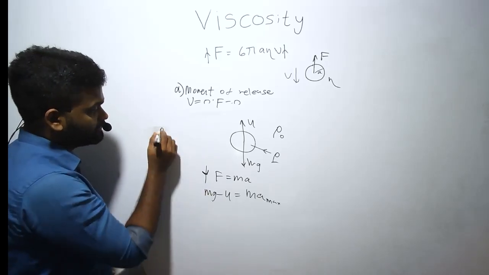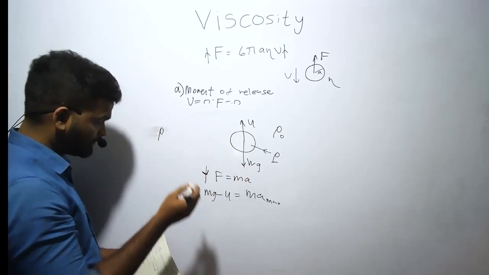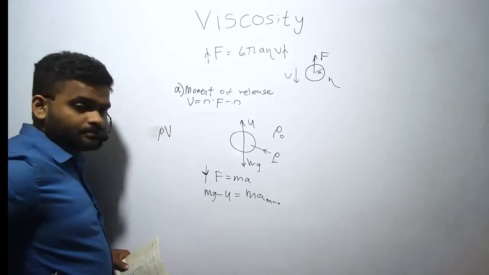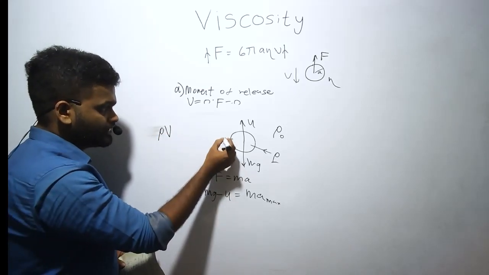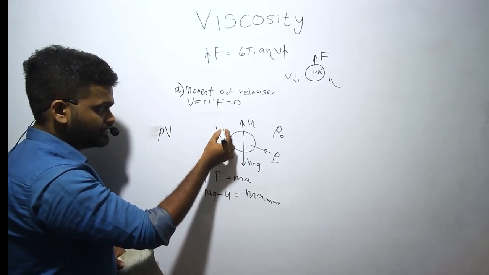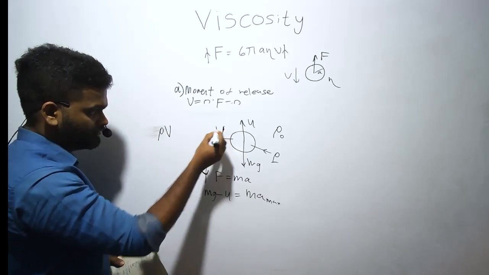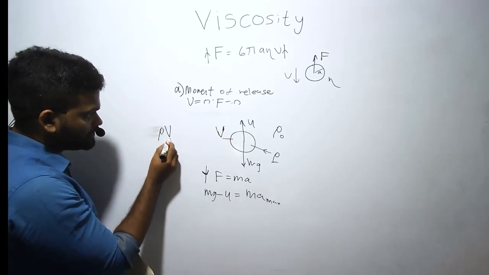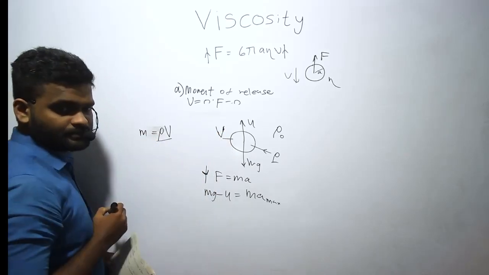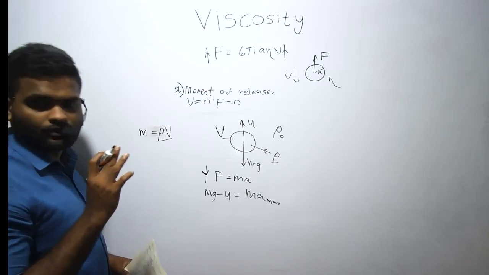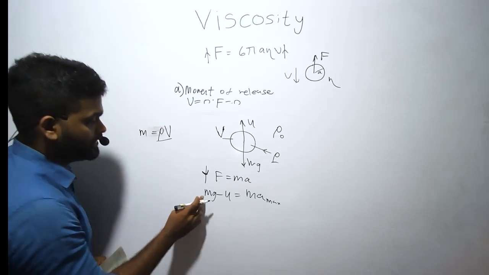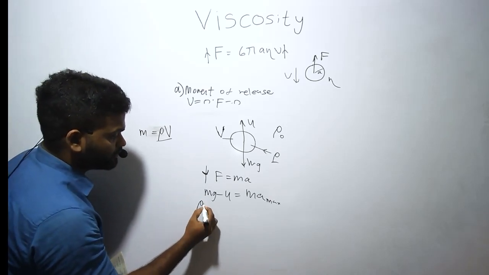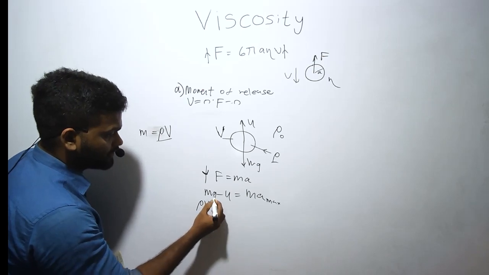Just multiply that by the volume of the object. Let's say the volume is capital V. So rho V is equal to the mass of the object. If you don't understand something, let me know. So the mass of the object is rho capital V, then g.